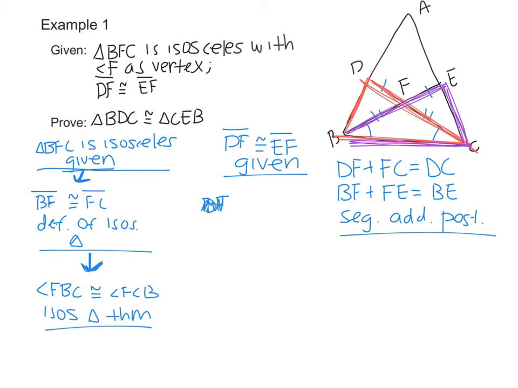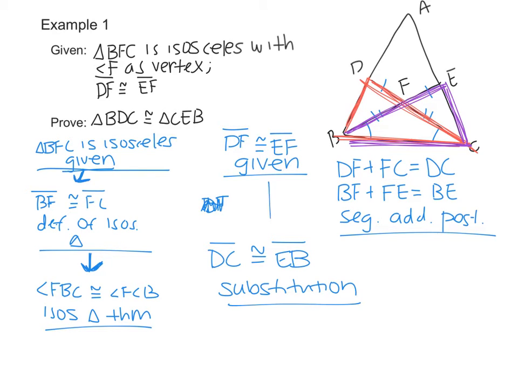Using those facts and the segment addition postulate here, I can say that DC is congruent to EB by substitution. Okay, so that took this given statement, this thing here, and this thing here. So I had to use three things to prove that.